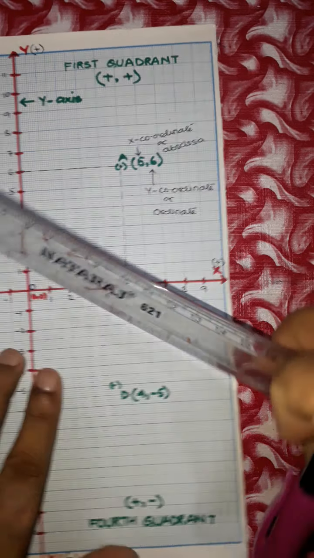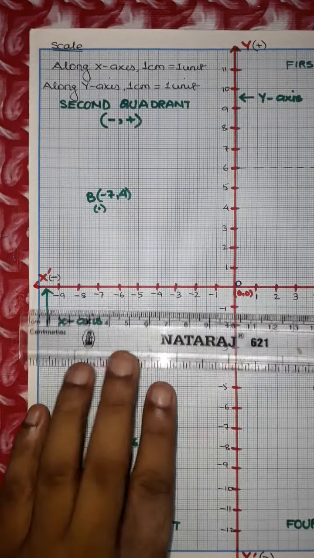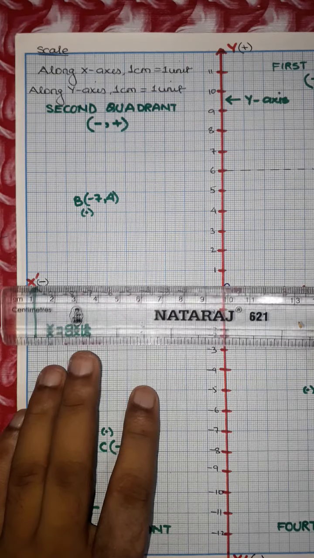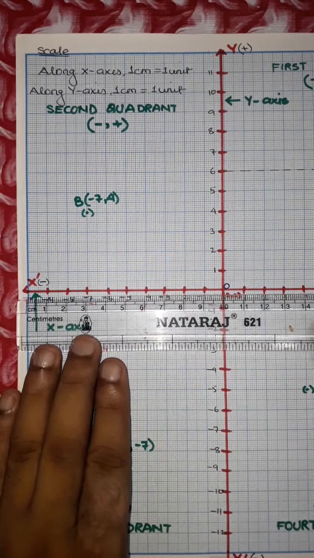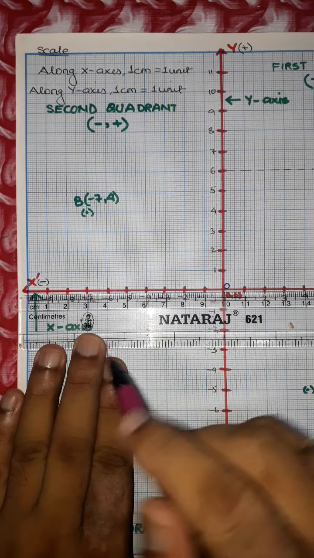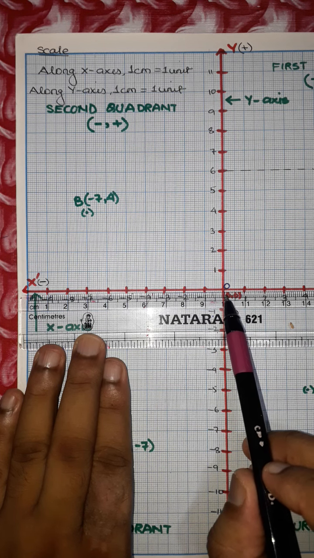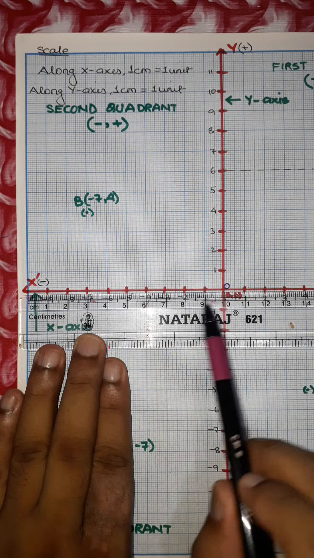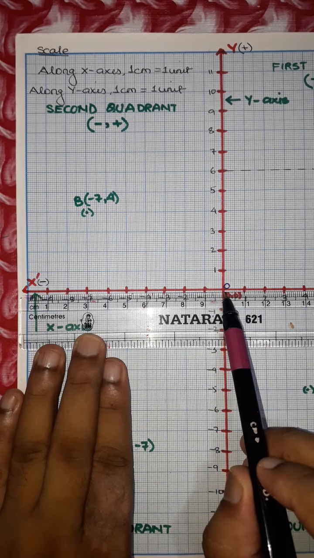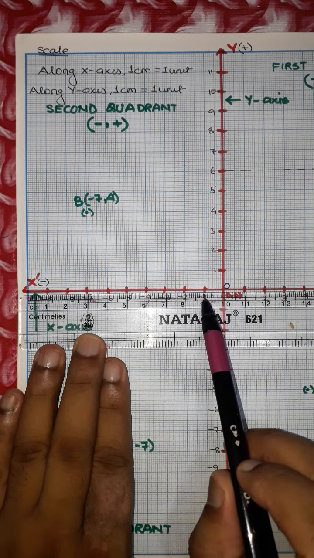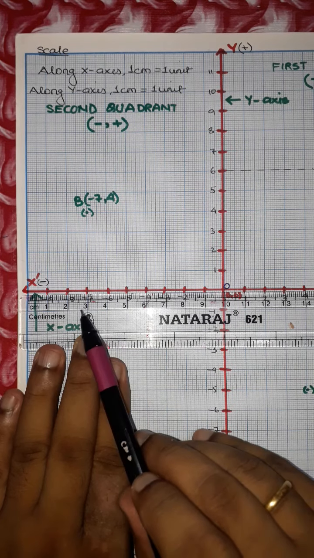Likewise, along the negative x-axis also you can see. We must measure from the origin only. So if you are moving towards the left, this will become negative.